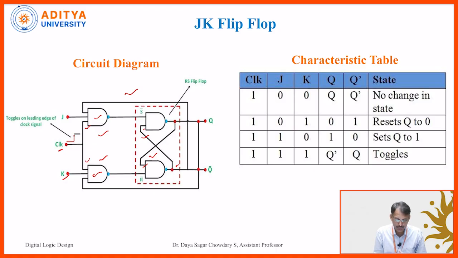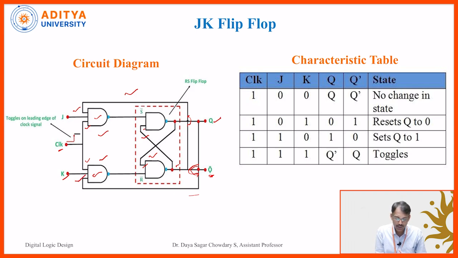The output Q bar is looped back, this is not a junction, it is just a bypass, and it is given as an input to the J NAND gate. Q is also connected here, and this is also a bypass. This output is given to the input of the other NAND gate.